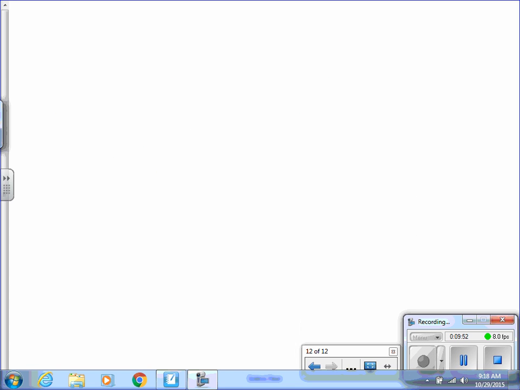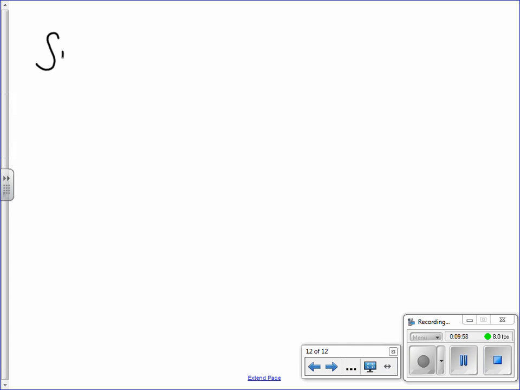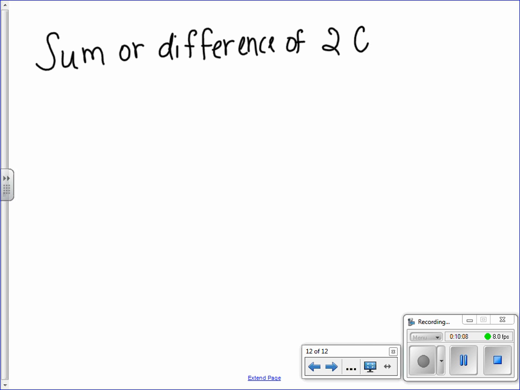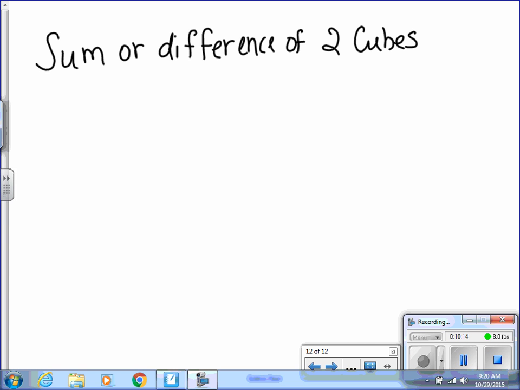Alright, now let's look at the sum or difference of 2 cubes. Okay, this is one that you're going to have to recognize, okay?